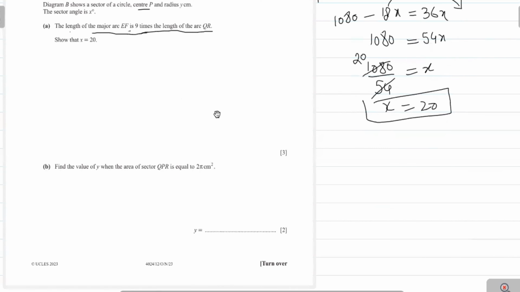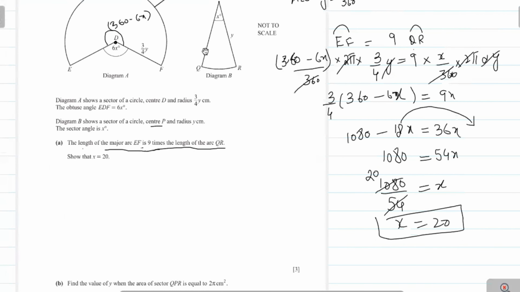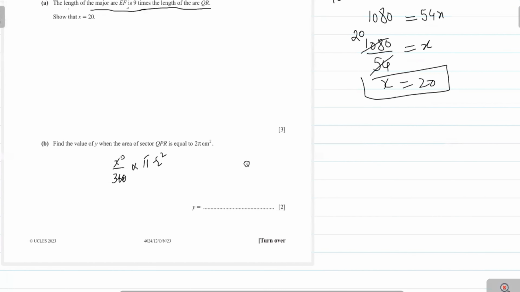Now next is part B. Find the value of y, and the area of sector QPR is equal to 2 pi centimeter square. Area of sector is x over 360 multiplied by pi r squared. You see here the angle of QPR is x degrees, and this is 20.